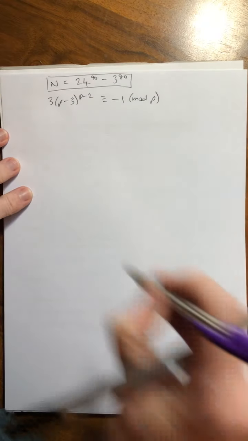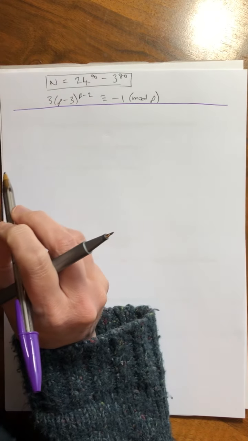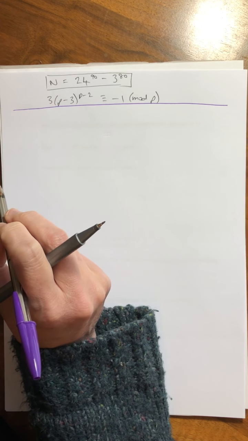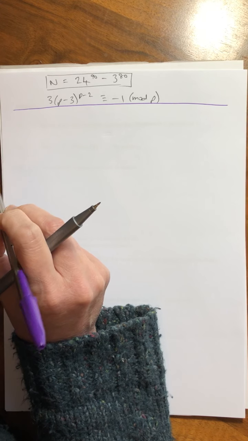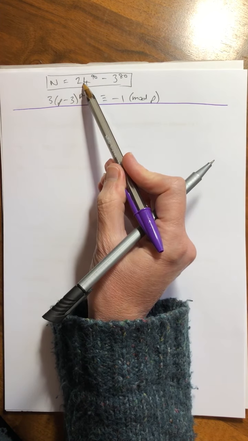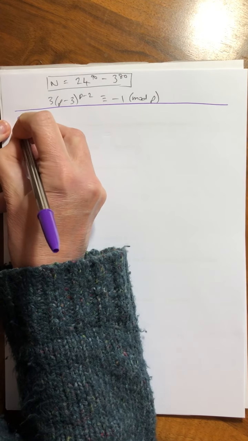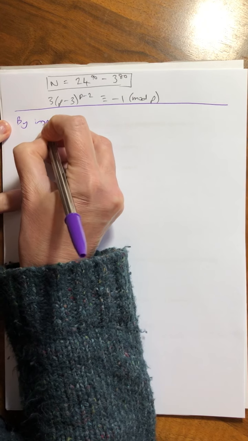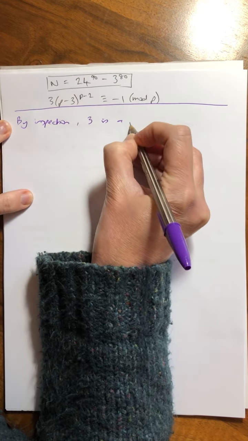If we're thinking about prime factors, you should just be able to see one by inspection. Find two prime factors of n. There I've got a 3. 24 is divisible by 3. I can just see by inspection that 3 is a prime factor.